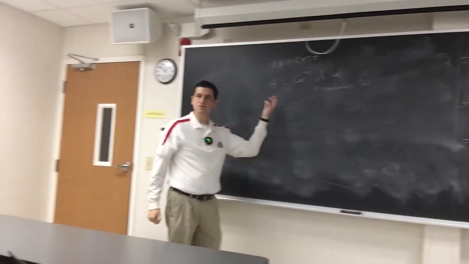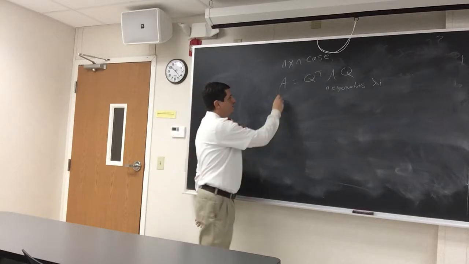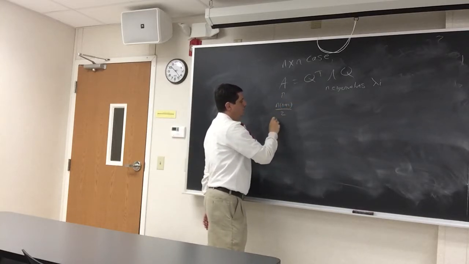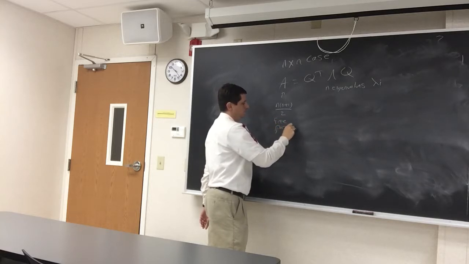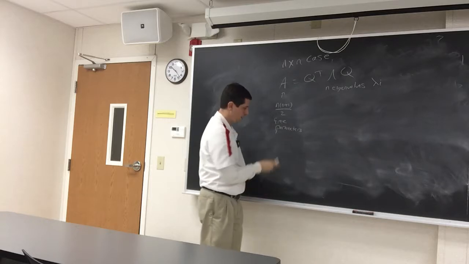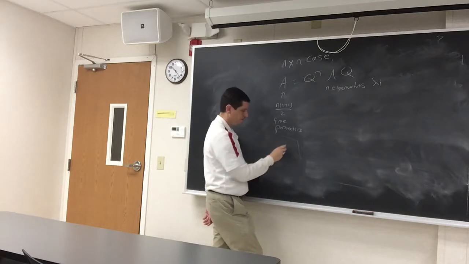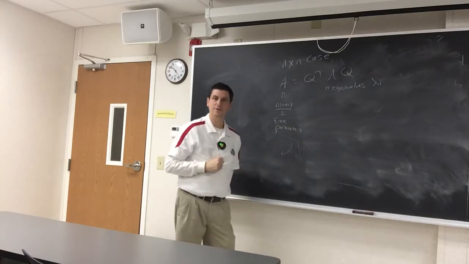Now, if A is a real symmetric matrix, this has n plus 1 over 2 free parameters. We have the diagonal, and then we have the upper triangular part, and then the lower triangular part is just filled in.